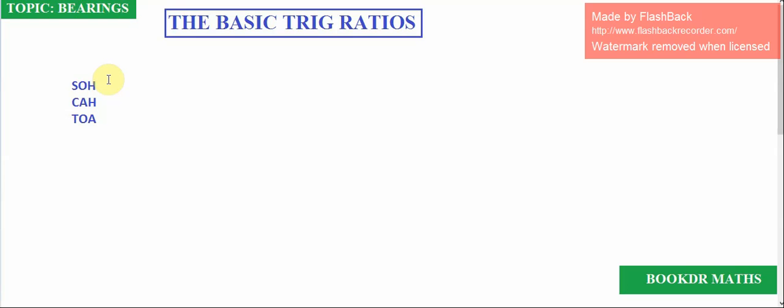Sometimes even vectors, SOHCAHTOA will come. So take note of these formulas. The SOH means sine theta is equal to opposite over hypotenuse. CAH means cos theta is equal to adjacent over hypotenuse. And TOA means tan theta is equal to opposite over adjacent.